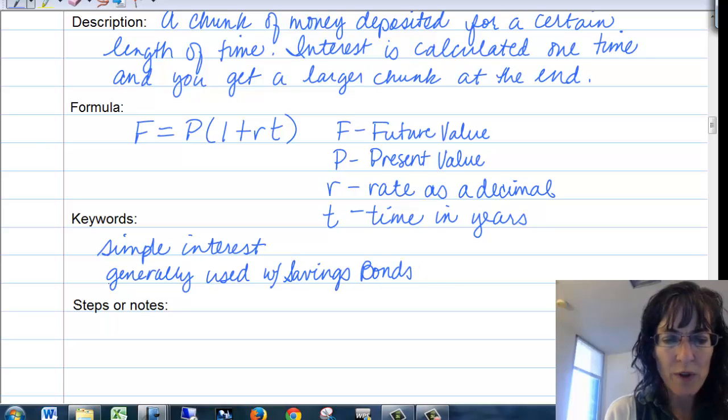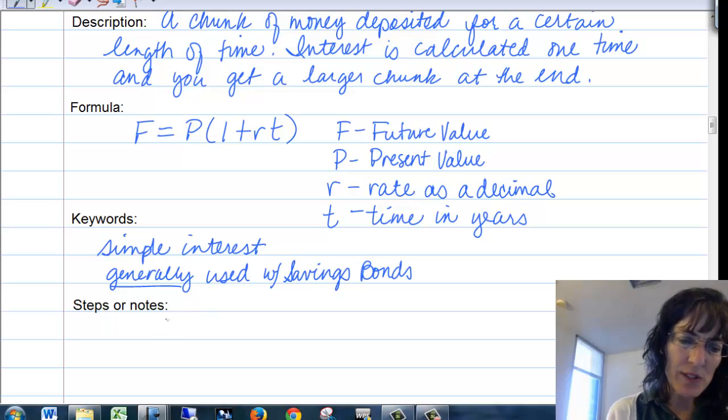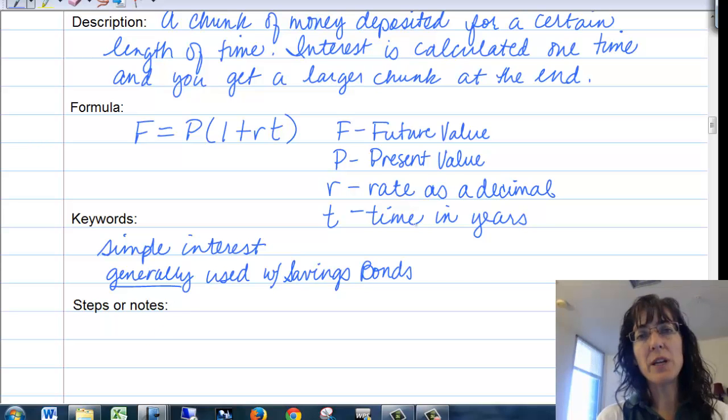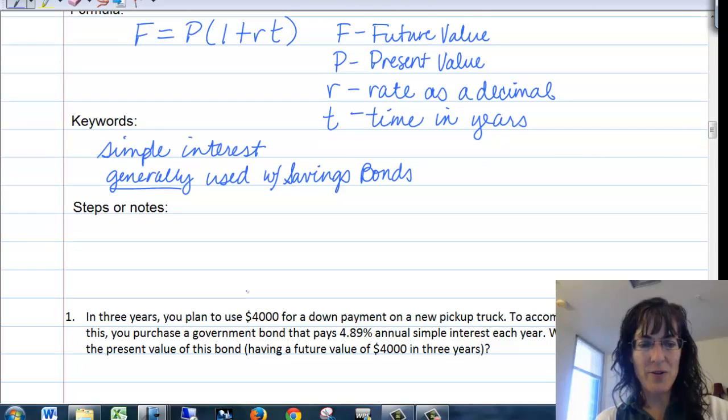So I'll put generally, but you have to look and make sure. And then steps or notes: you're just going to plug in values that you know from the problem. And I'll show you an example right here.